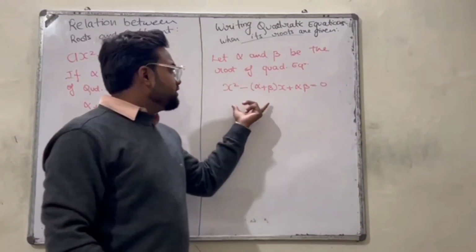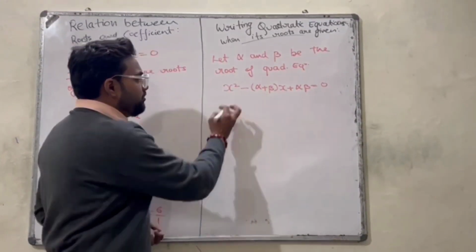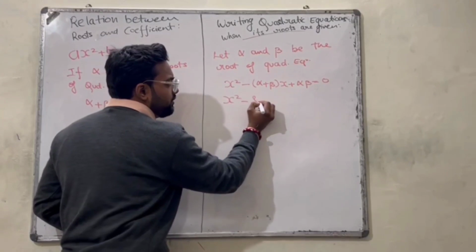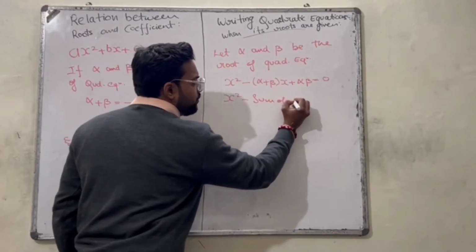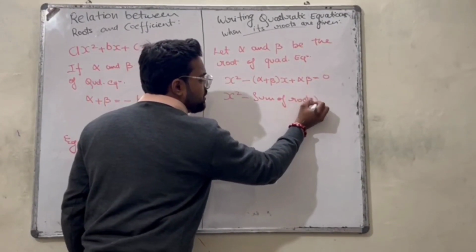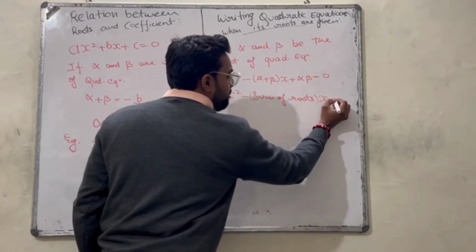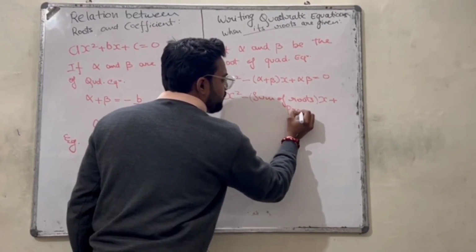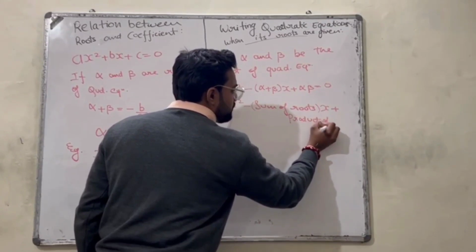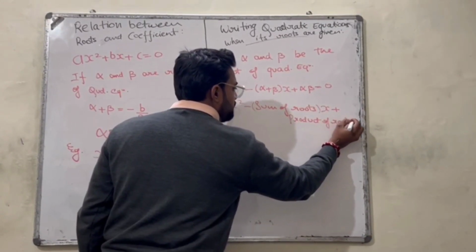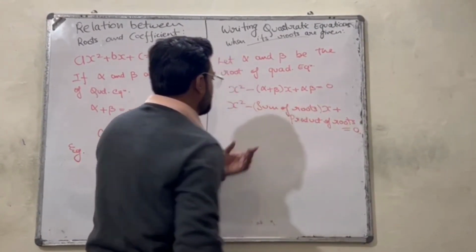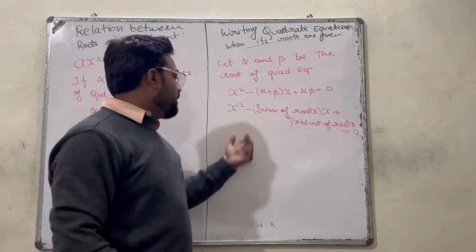The quadratic equation can be written as x square minus sum of roots into x plus product of roots is equal to 0. So this is our required quadratic equation.